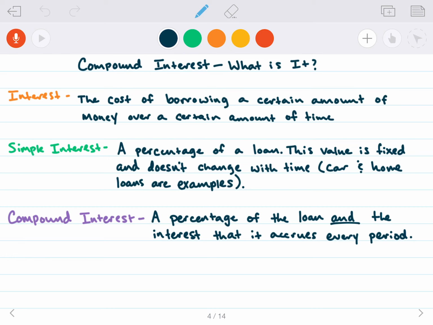Compound interest, on the other hand, is a percentage of the loan and interest that it accrues every period. So it's basically interest upon interest. And compound interest, again, when you hear the word compound, you should think of exponential, right? These two ideas sort of go hand in hand.